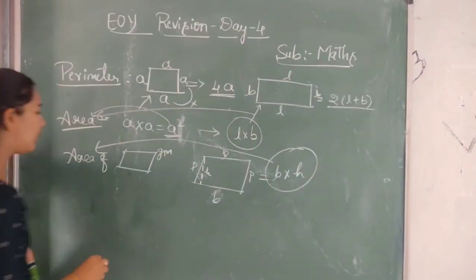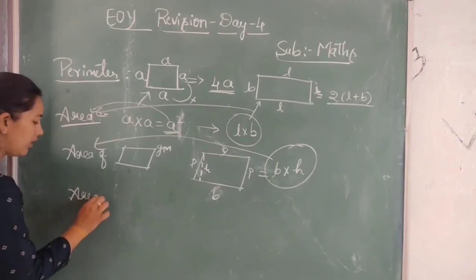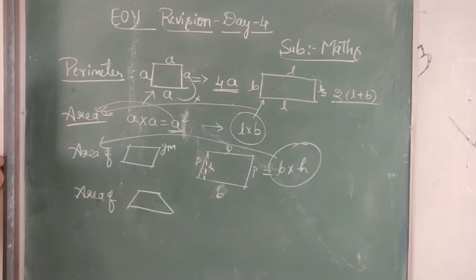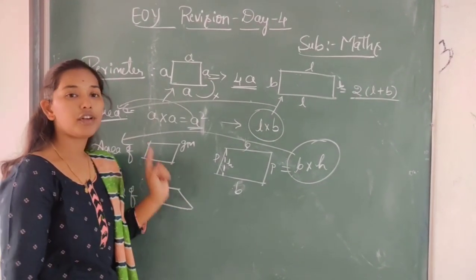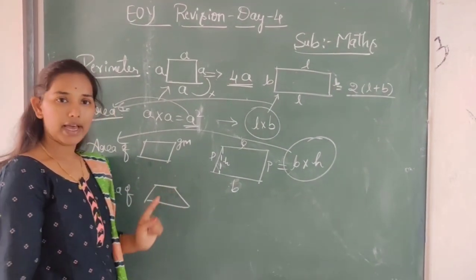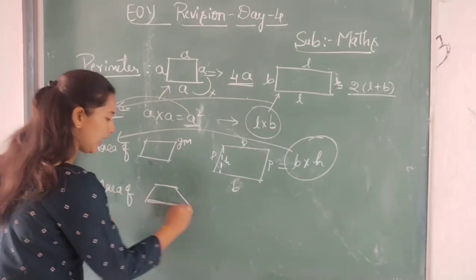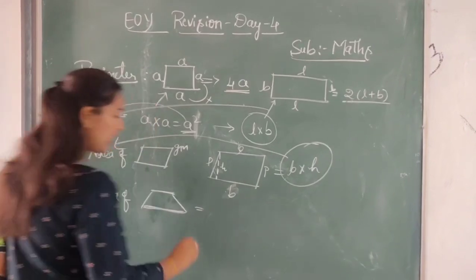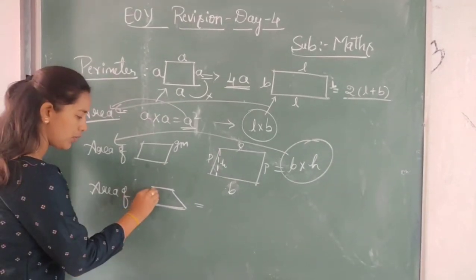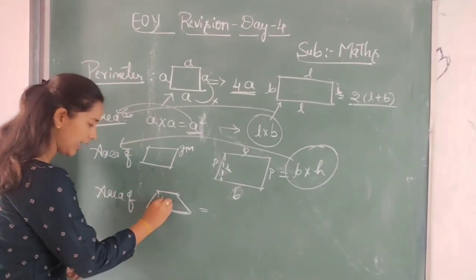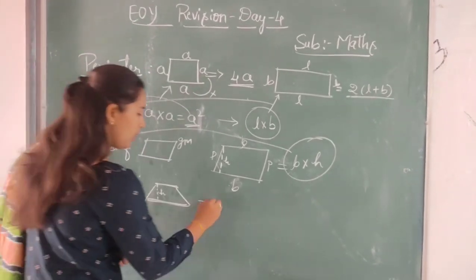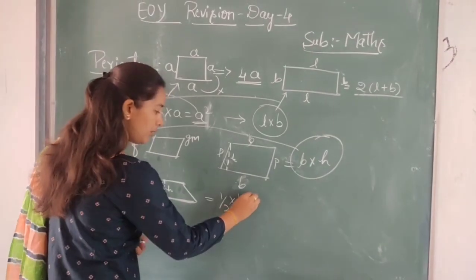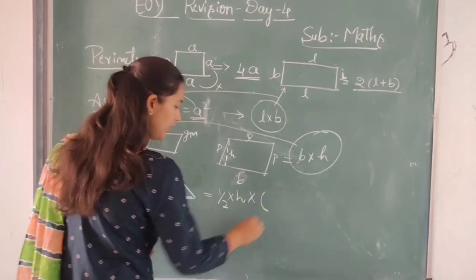Now the area of a trapezium. You know already, in a trapezium only one pair of opposite sides is parallel. So what is the area of this trapezium? Here there is no height, so I am constructing the height as H. The formula will be half into H into the sum of the parallel sides.